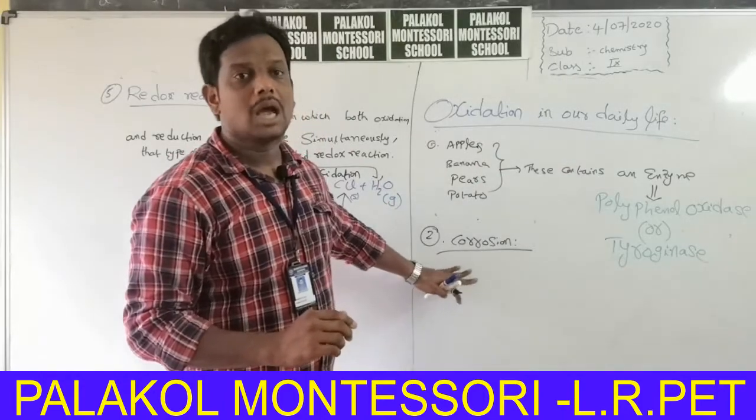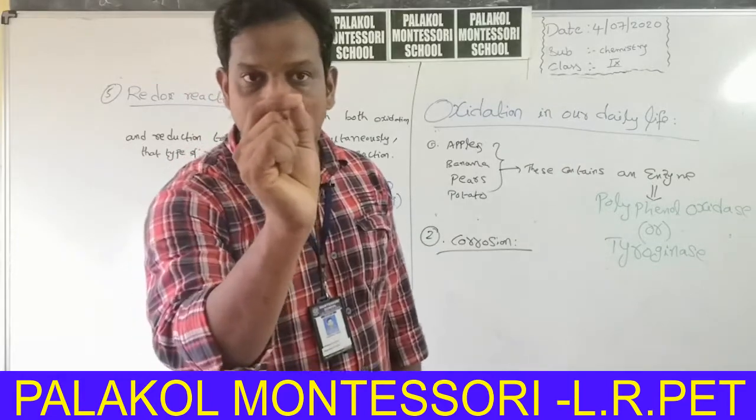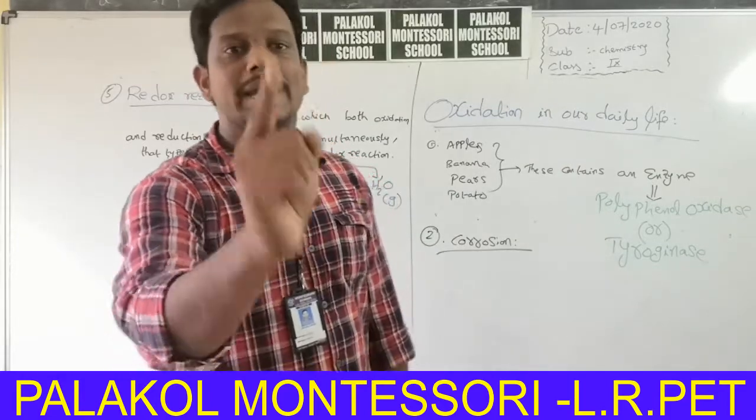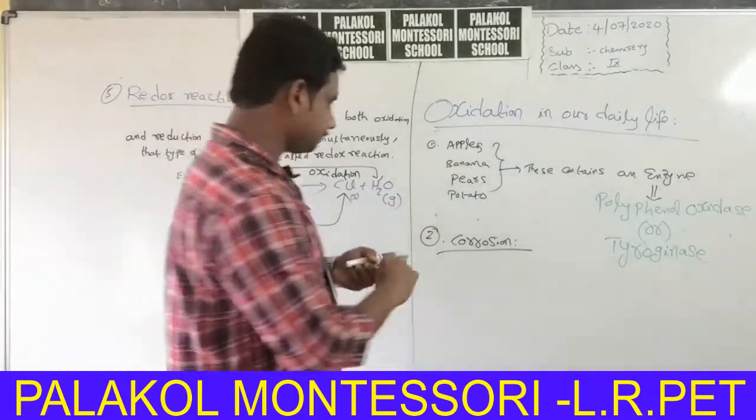We call it corrosion. Example: rusting of iron. A brown color layer is formed on an iron rod. Now write down the definition of corrosion.